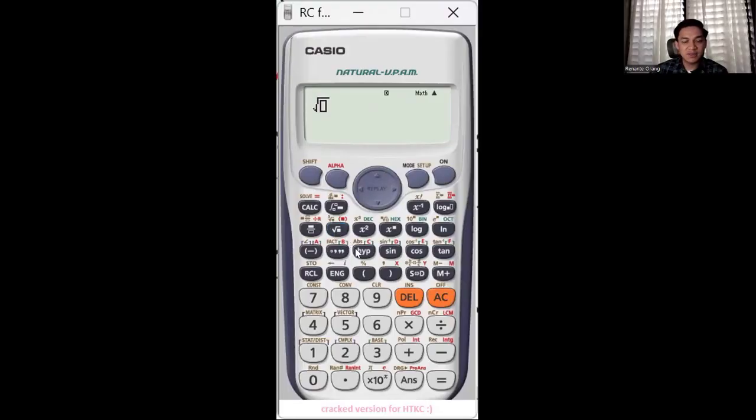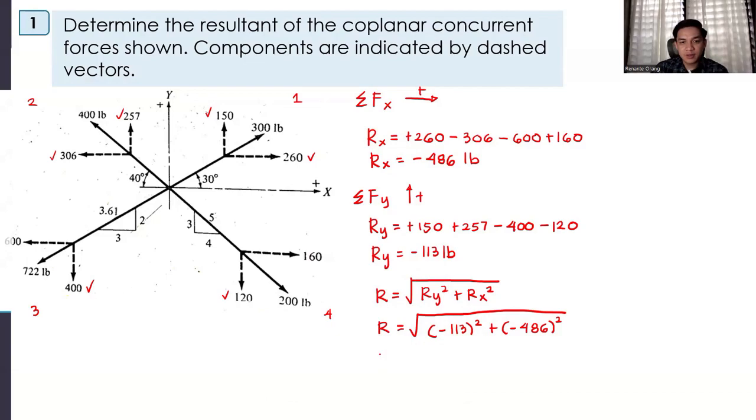Input natin, we have the square root of negative 113 squared plus negative 486 squared. That is equivalent to 498.964 pounds. So resultant is equivalent to 498.964 pounds. This will be our final answer. So nakuha na natin yung ating magnitude class.